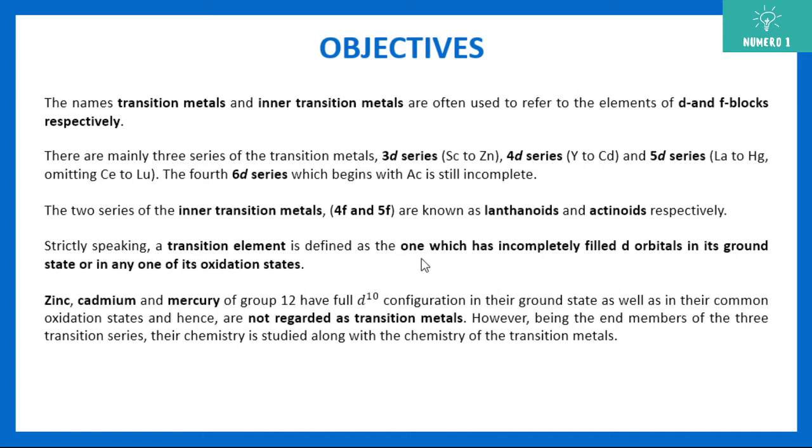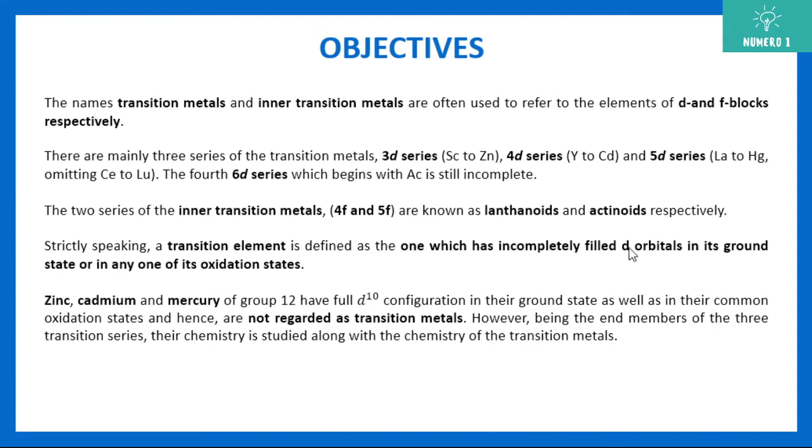Since they are also d block elements, they have incompletely filled d orbitals in the ground state or in any of their oxidation states. So they have incompletely, or partially, filled d orbitals, hence they are regarded as transition elements.